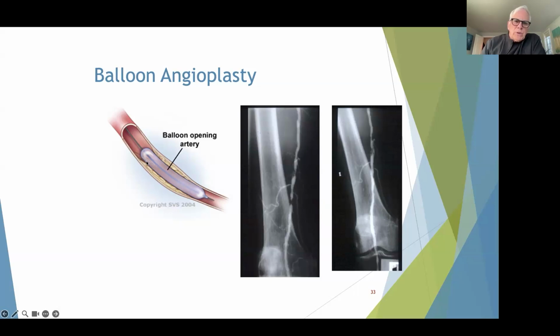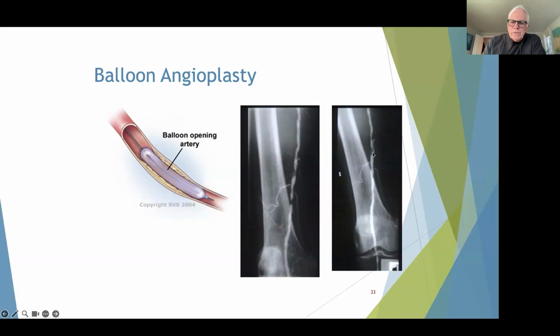We get a balloon into it where the atheroma is, dilate that. And you can see, if you look on this right-hand side, so that one there, as it crosses the bone, that's improved quite a bit, but these ones haven't. And there's a couple of channels there. So that's where there's a little bit of dissection of the plaque there.